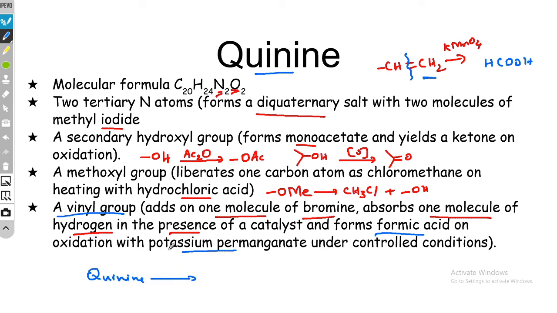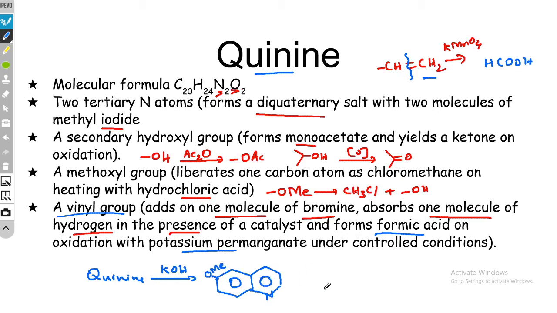molecule is first fused with KOH. The products were 6-methoxyquinoline and 4-methylquinoline. This is the structure of 6-methoxyquinoline. Here OMe.